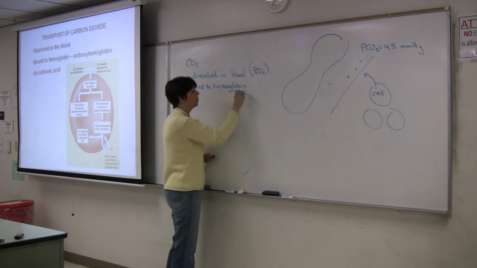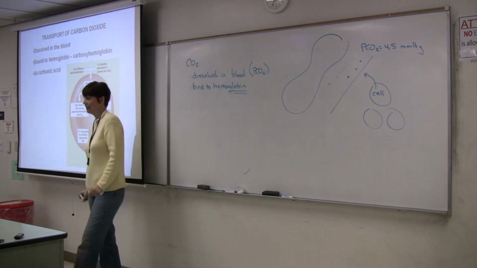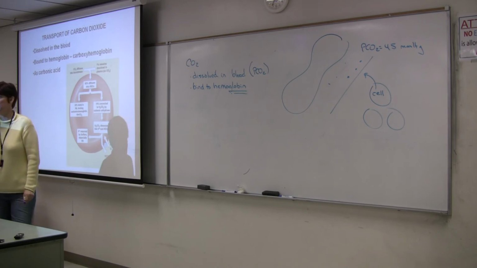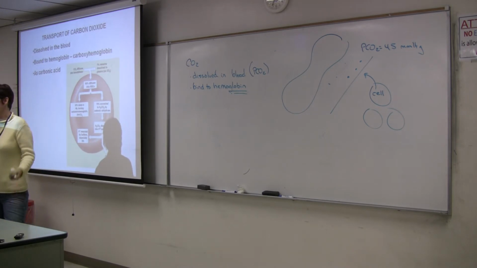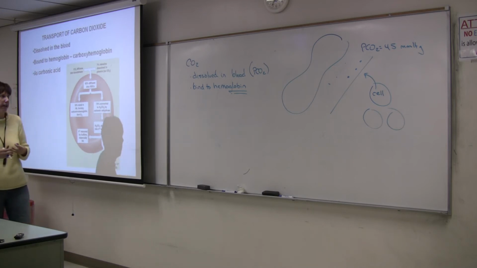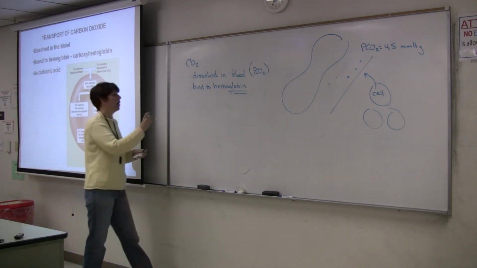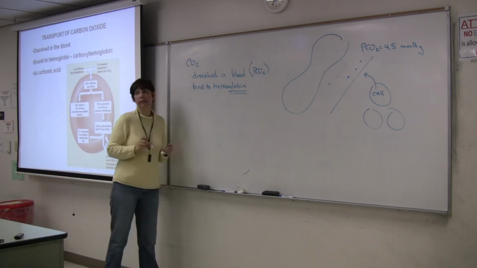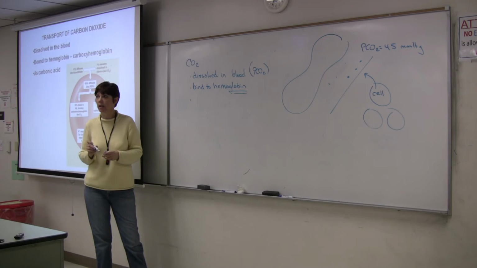It binds to the protein component of the hemoglobin, not the iron atom. But in so doing, it can shift and change the shape of hemoglobin, and we talked about how that makes it more difficult for the oxygen to stay attached to iron. Most of it, about 70%, will interact with water and form carbonic acid.